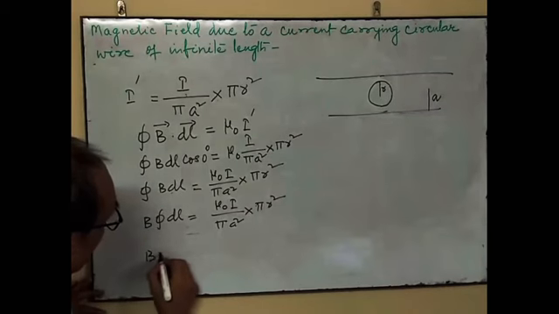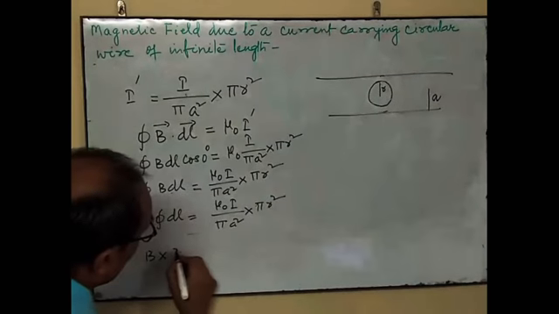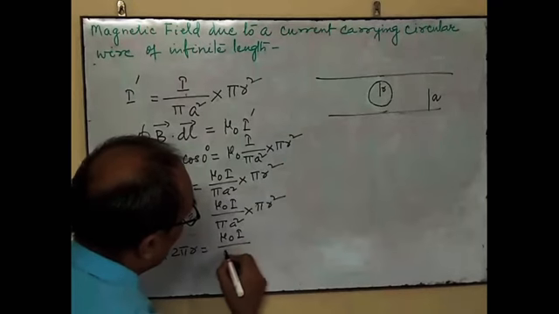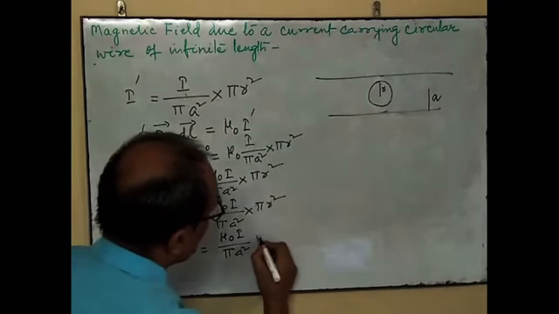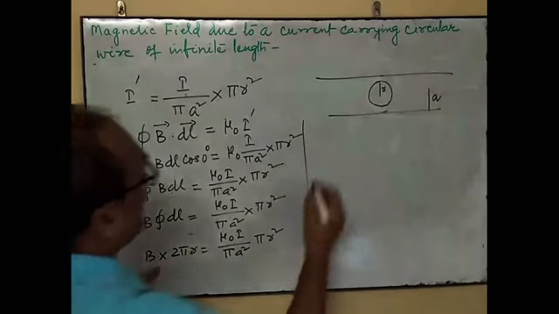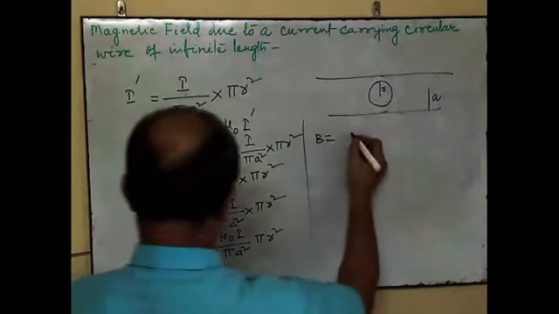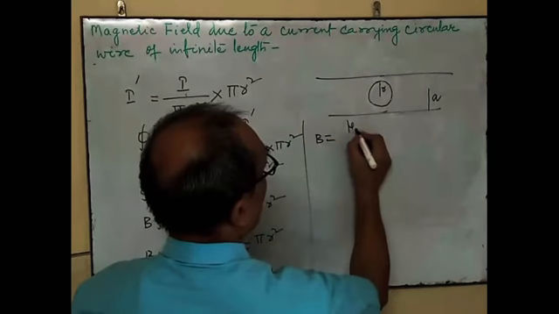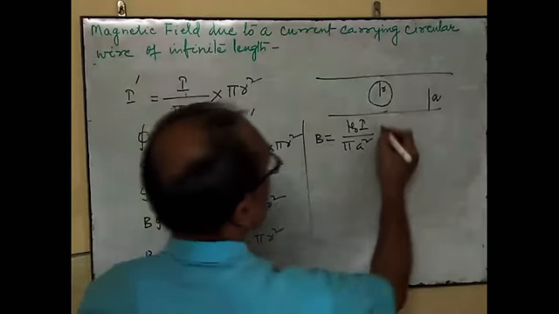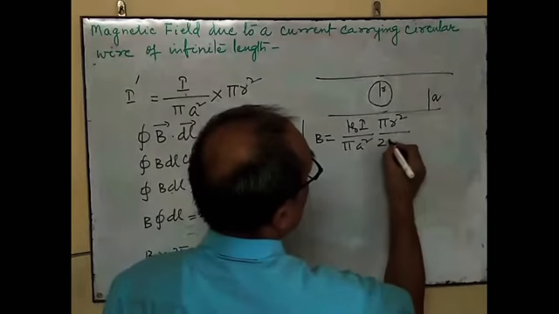So B equals mu naught I by pi a square into pi r square by 2 pi r.